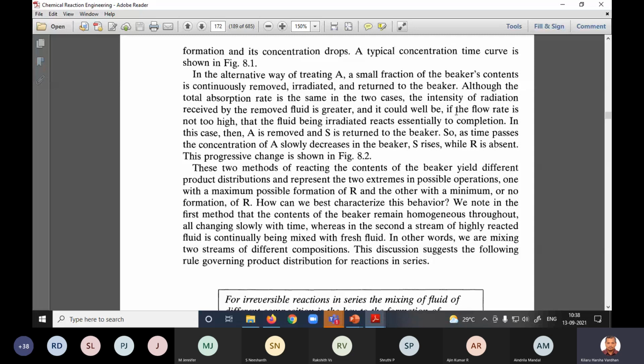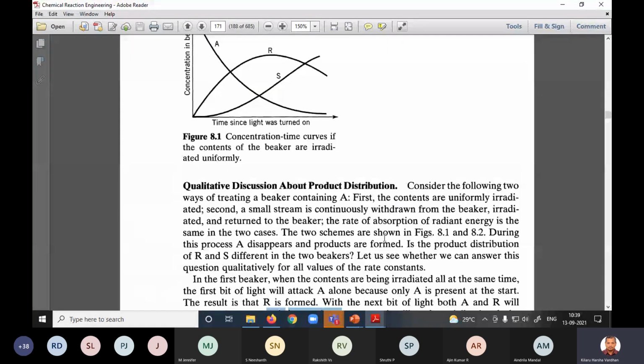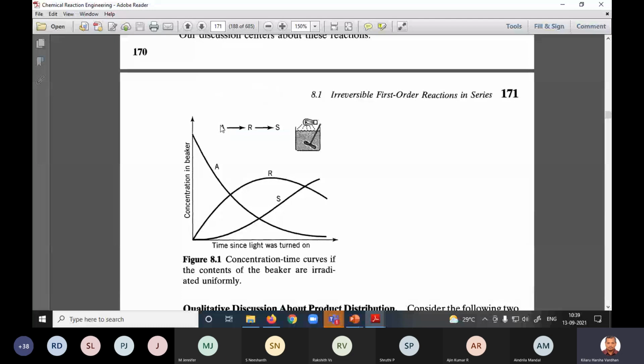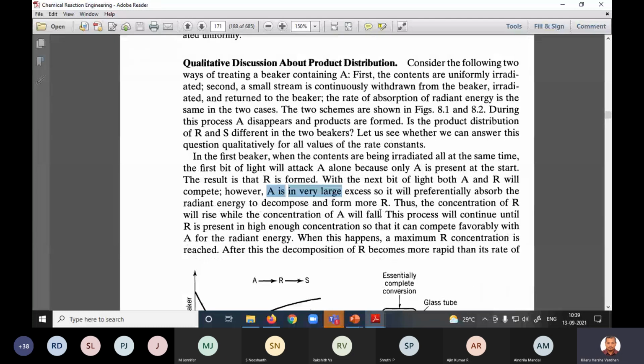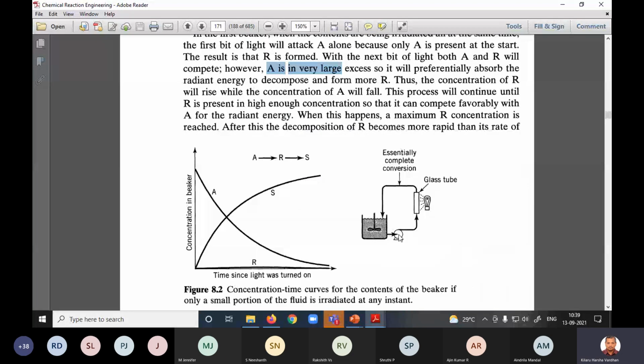It could well be, if the flow rate is not too high, that the fluid being irradiated reacts essentially to completion. So what does he tell you? Here the light is being irradiated on the entire A, but here the total light is the same and only a fraction of A is being irradiated.